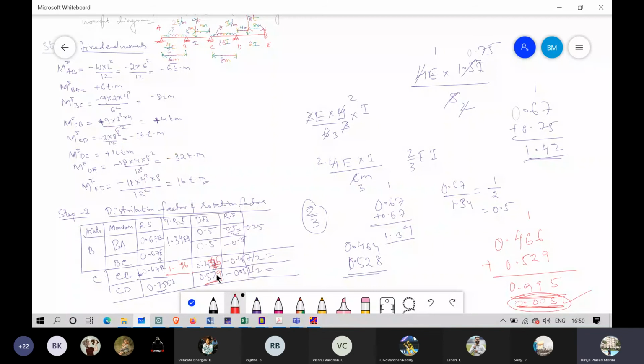So roughly, 0.47 divided by 2 is minus 0.235, and 0.52 divided by 2 is minus 0.26.